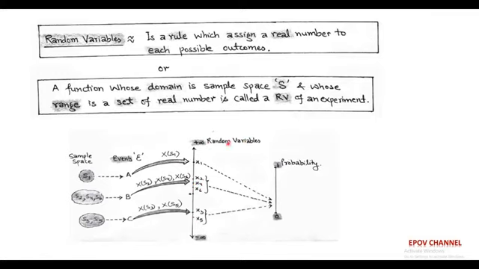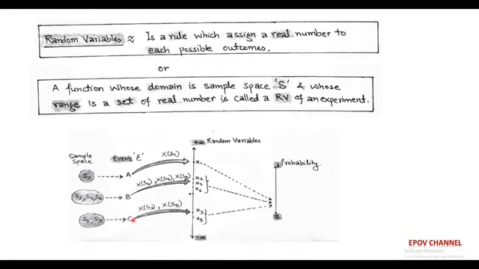So the random variable is expressed as a function. For example, for event A, the random variable is X(s1), or simply say small x1. Also for event B, the random variables are X(s2), X(s4) and X(s6), or simply written as small x2, x4 and x6 respectively.